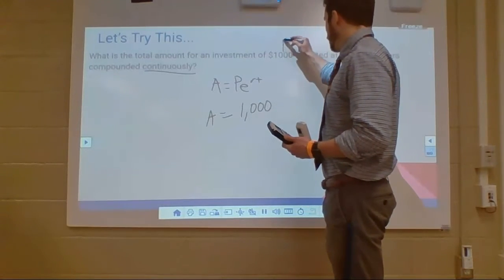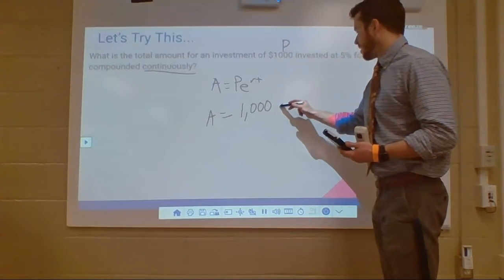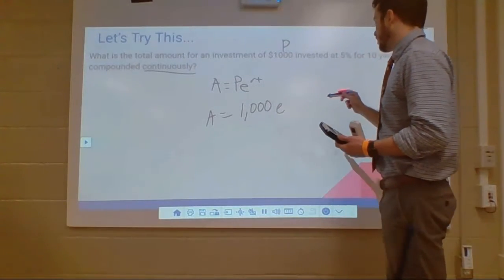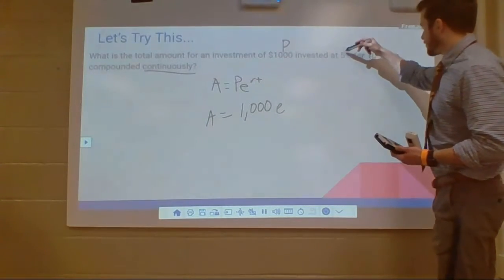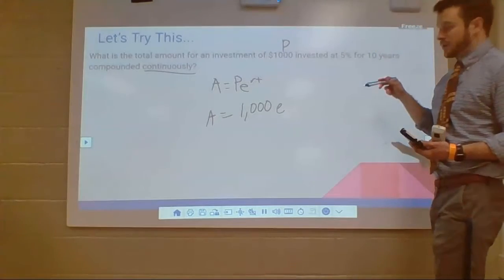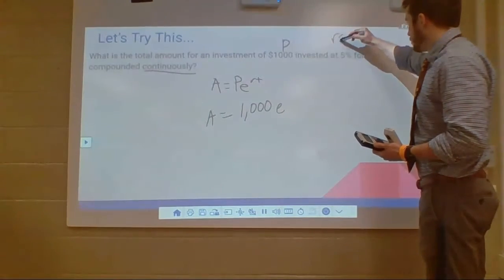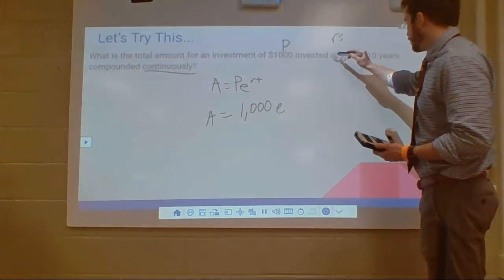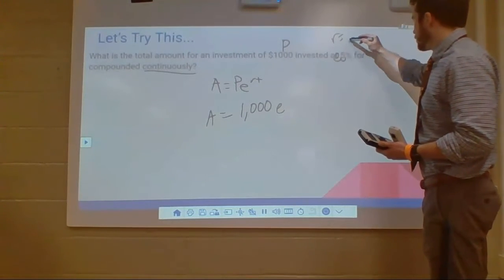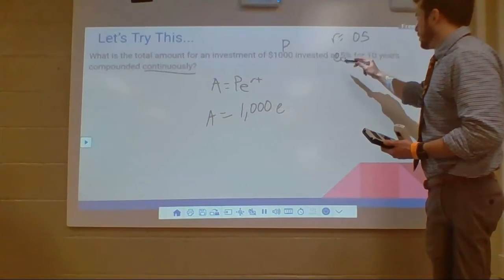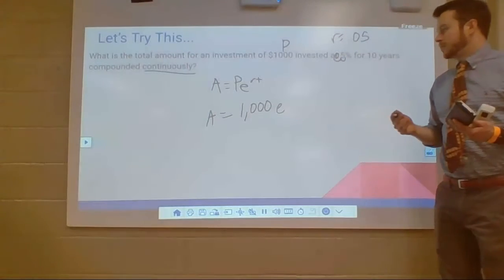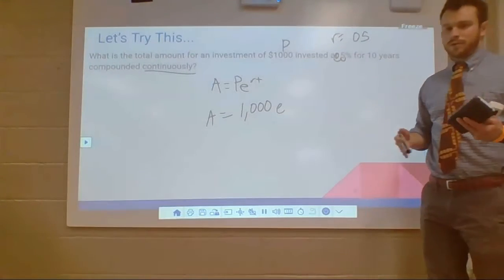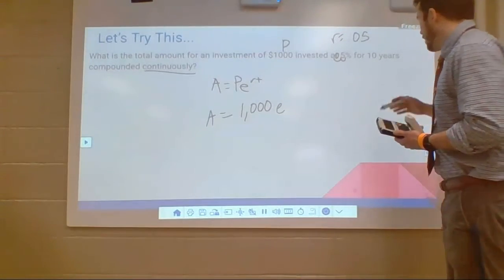So that's the principal, right? The principal is 1,000, so times e. Now let's figure out what r and t are. The rate is 5%, right? So we need to convert that to a decimal. That means r, we're going to move that decimal place 2 times. So 0.05. Remember, if you don't convert to a decimal properly, you're going to throw off this entire problem, okay?